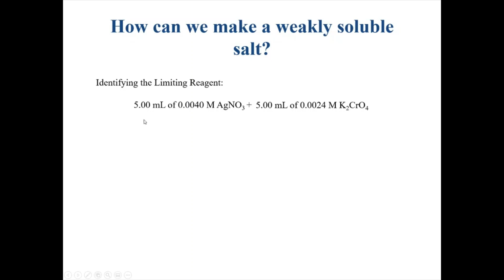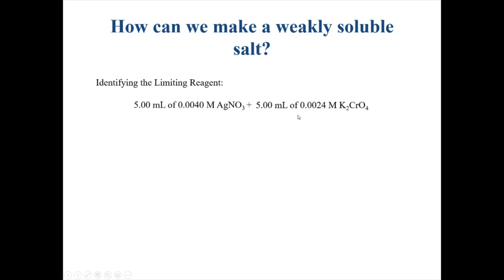So one thing that's a good thing to do is to figure out what our limiting reagent is here. We need to have twice as much silver as we do chromate. That's because the ratio of silver to chromate in silver chromate is 2:1. If we look at the volumes, our volumes are the same. So we would need twice the concentration of silver as we would the potassium chromate.